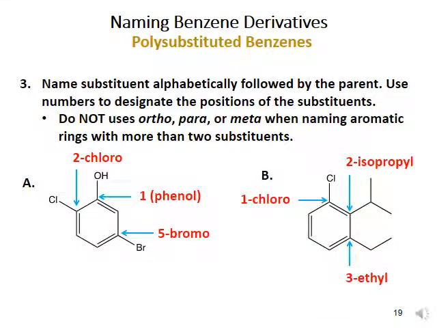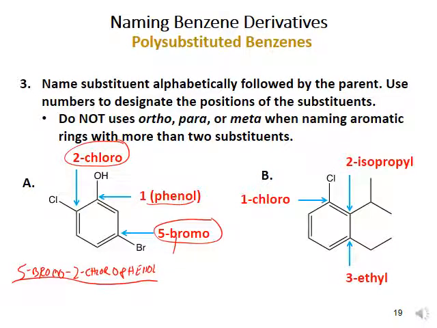If we have 2 chloro, the 1 is related to the phenol part, and 5 bromo, what comes first? Alphabetical. So we've got 5 bromo, 2 chloro, phenol.